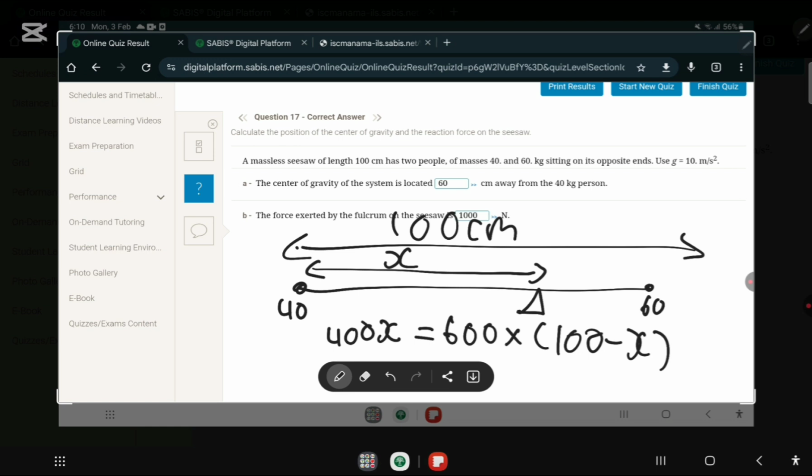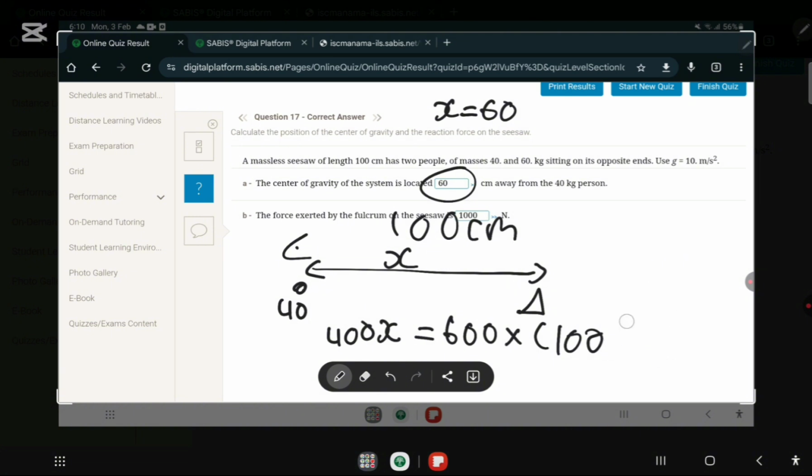If you put it into the calculator, 100 minus x is going to give you 60 centimeters. x equals 60. So this is the answer for the first one.